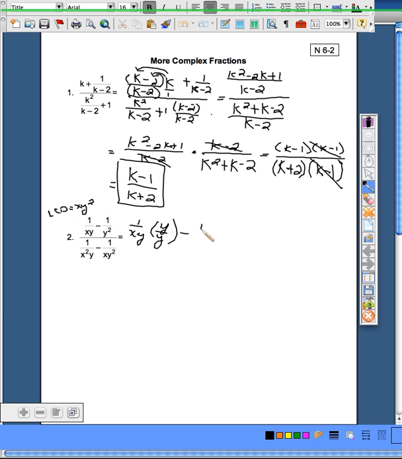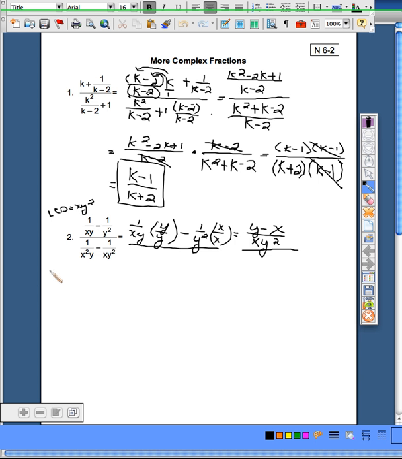And the second one, we need to multiply by x over x in order to get that common denominator of x times y squared. And y times 1 is y, so my numerator will be y minus x times 1, which is x. Now, that's just the numerator fraction combined. We've got to subtract it and combine it as one fraction first.